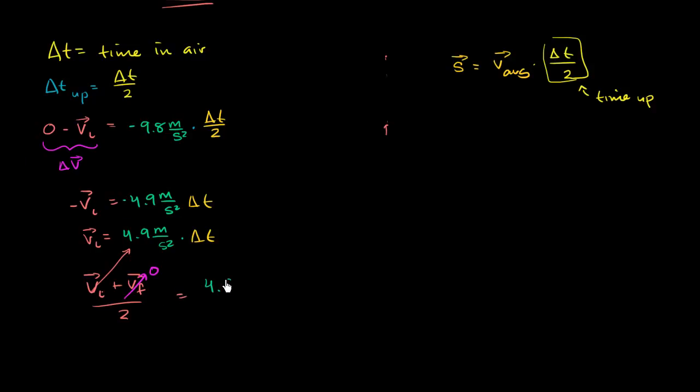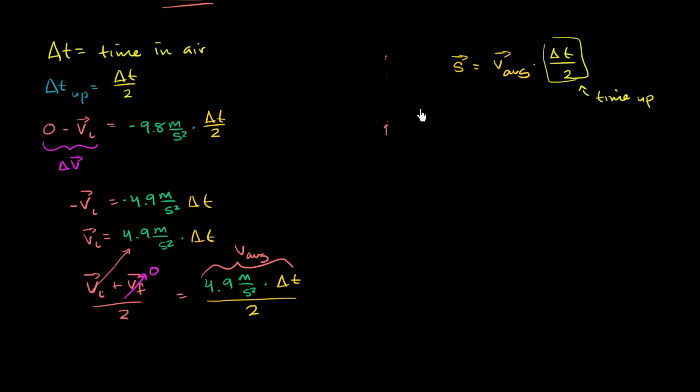So it's going to be 4.9 meters per second squared times delta t over 2. So this right here is our average velocity. Let's stick that back over here.